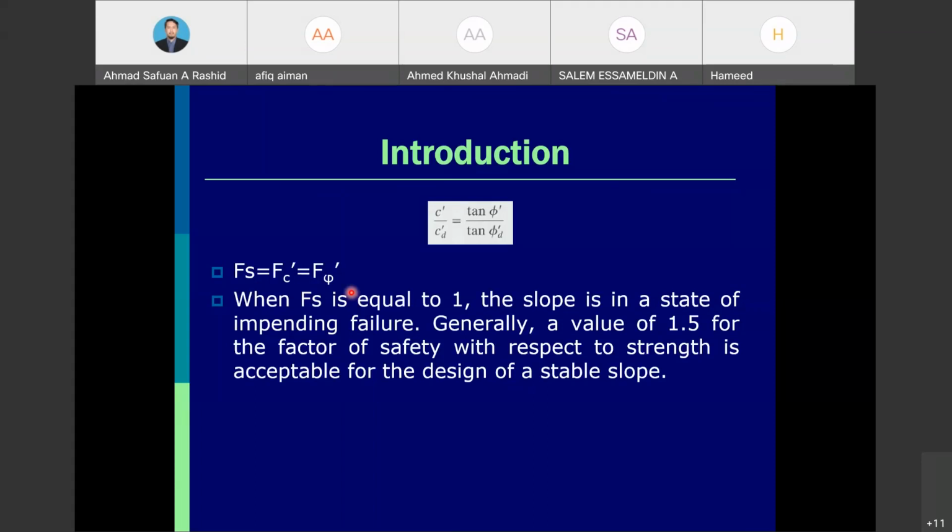We may discuss that later on finite slopes, where we may use Fc and Fφ in determining the factor of safety value.